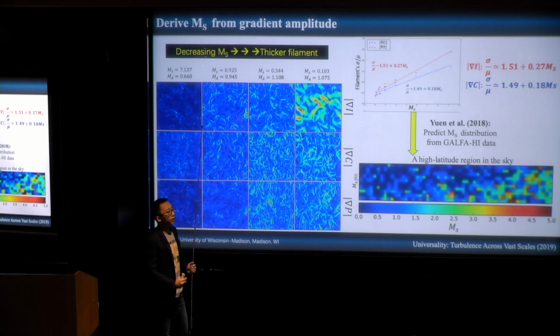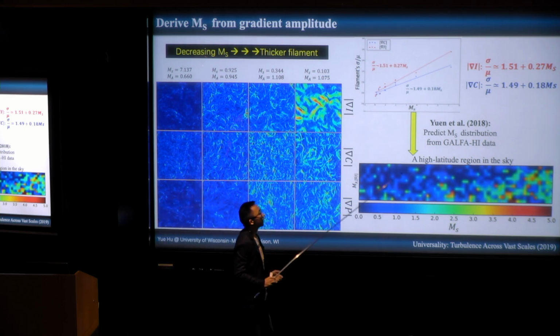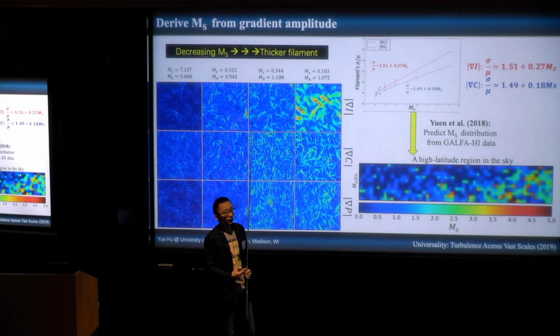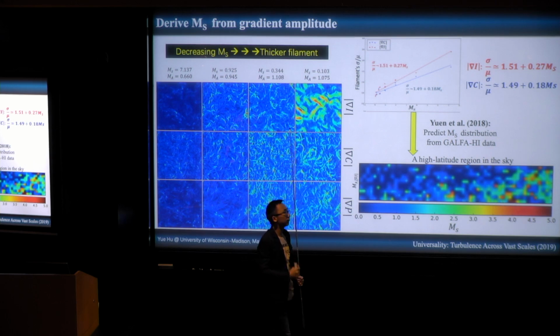Similar to the calculation of MA, we still find there exists a correlation between sigma, the dispersion of the gradient amplitude, and mu, the mean value of the gradient amplitude. There exists a correlation between Ms and these two values. And from this formula, we can predict the sonic Mach number distribution in the sky.